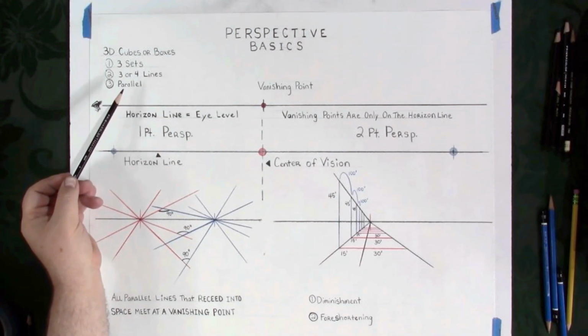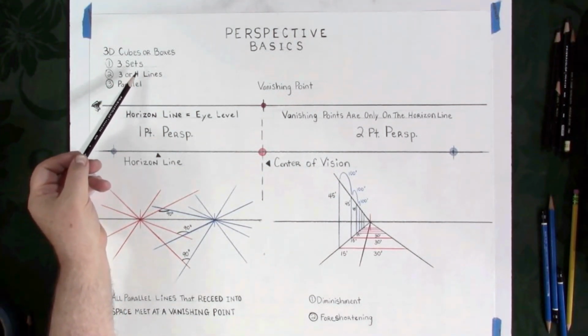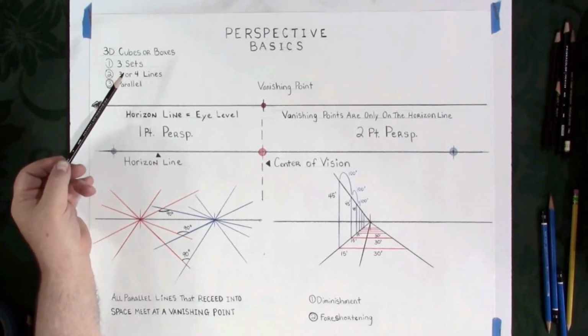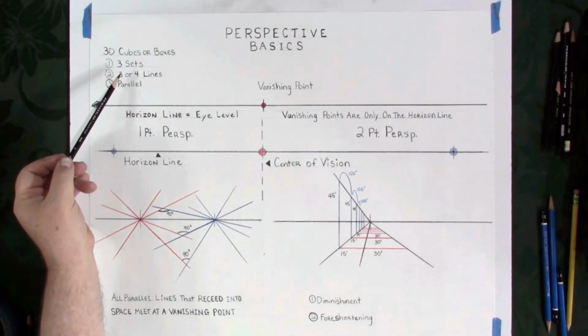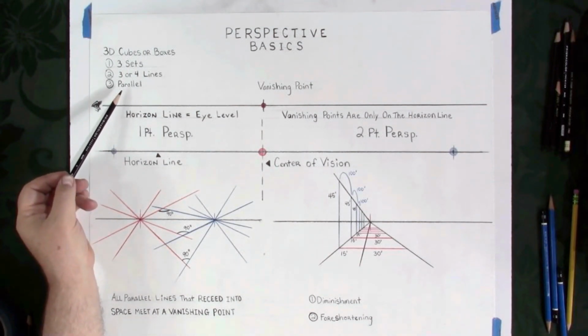So 3 times 3 is 9, or 3 times 4 is 12. There you go. But the relationship of the lines in each set is that each set of lines is parallel.